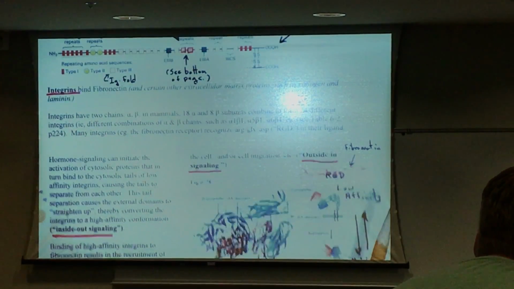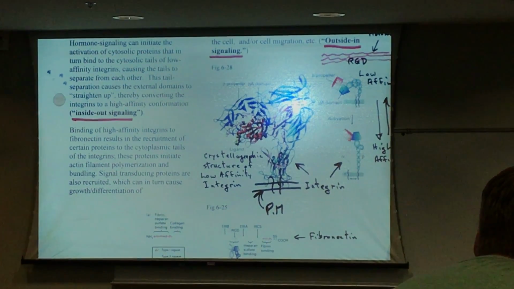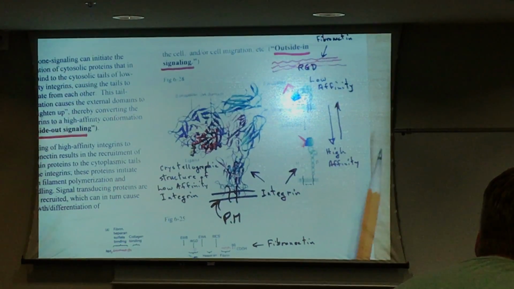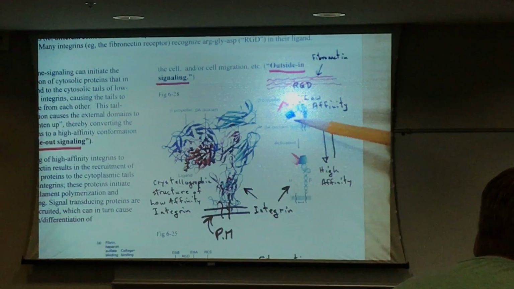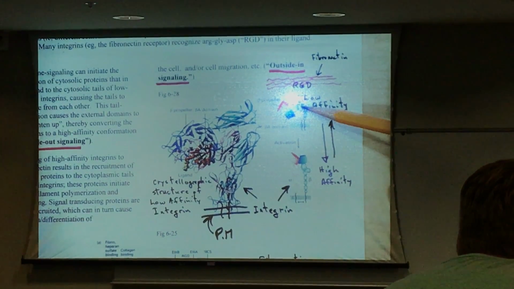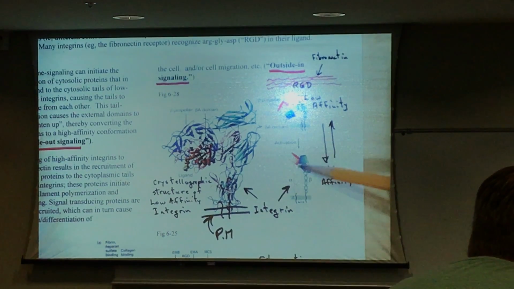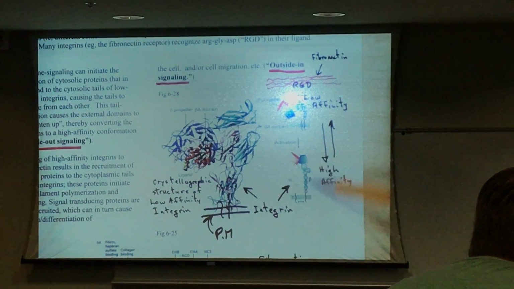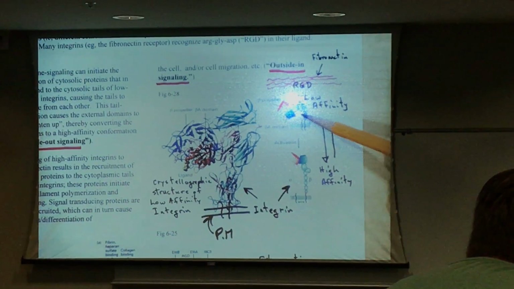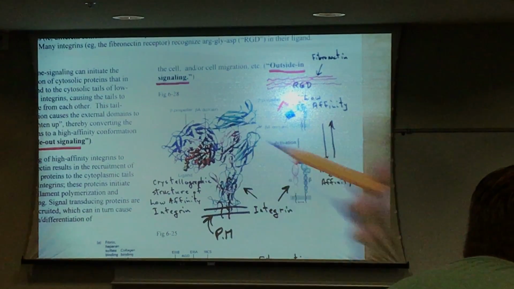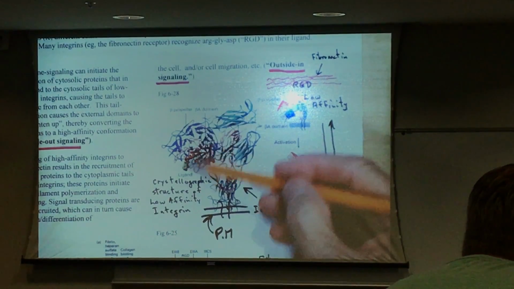Okay, now let's take a look then at integrin. A very interesting feature of this adhesion molecule is that it can switch back and forth between an erect high affinity binding state and a curled up low affinity binding state. Here's more detail on the curled over low affinity state here.